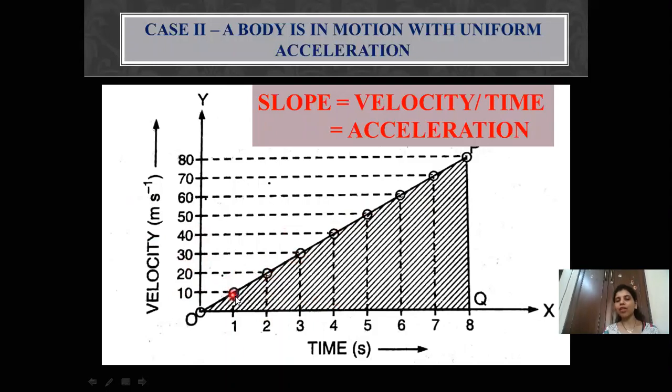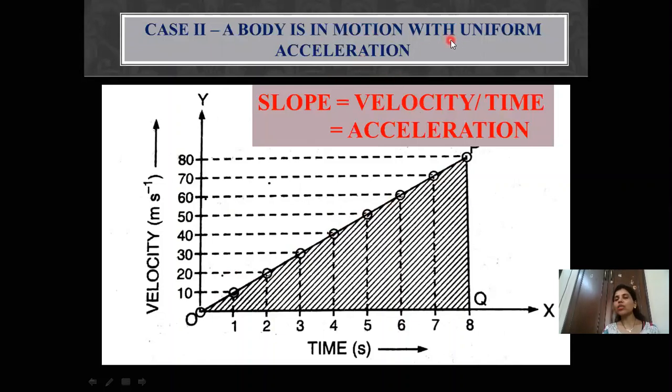Every time after 1 second, you can see the time interval is 1 second: 2 minus 1 is 1, 3 minus 2 is 1. So at a gap of 1 second, the velocity is changing. It is 10 meter per second, 20 meter per second, 30 meter per second, 40 meter per second. As it is continuously changing, we say that the body is in motion with uniform acceleration.